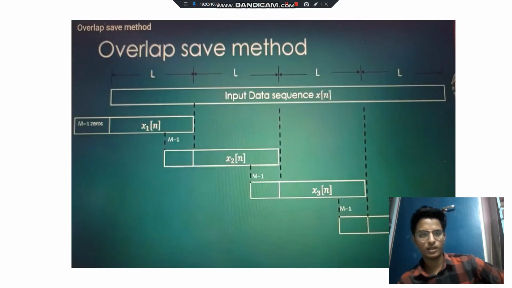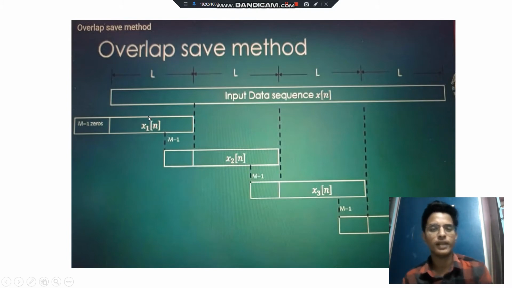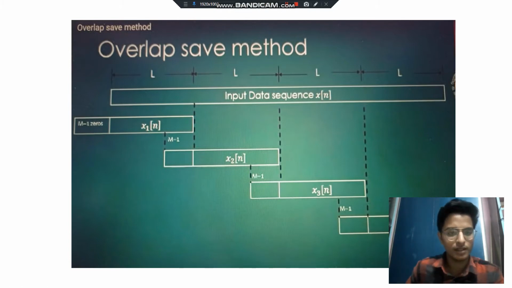Coming to the fourth step, as I have said previously, the input sequence is sectioned into different blocks of size L. In every case, we take L samples of the present block and M minus 1 samples from the previous block.